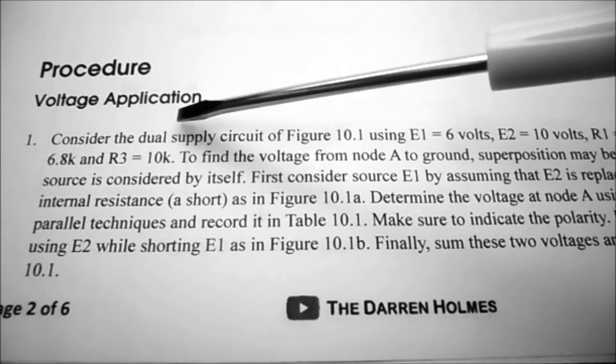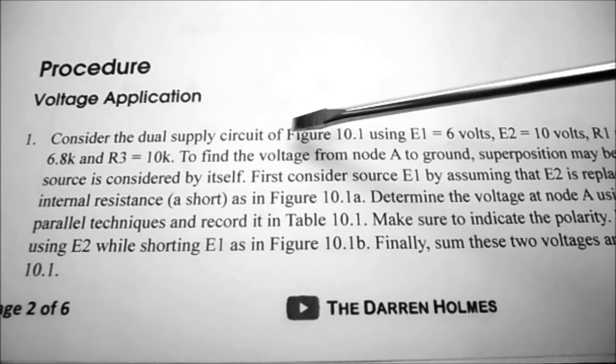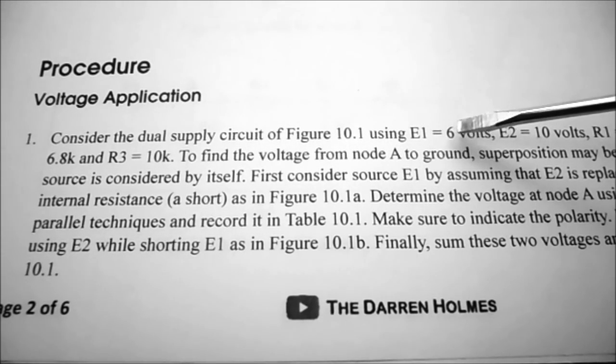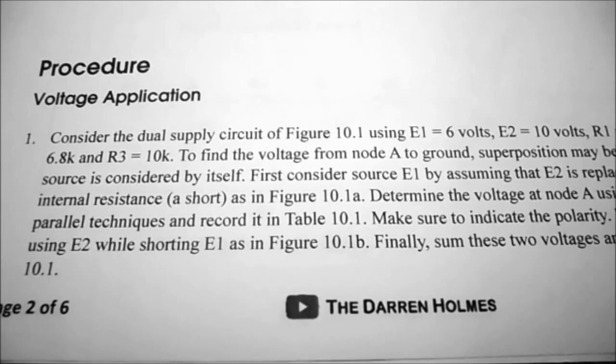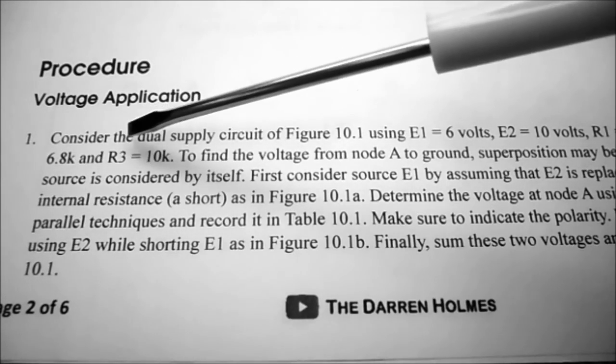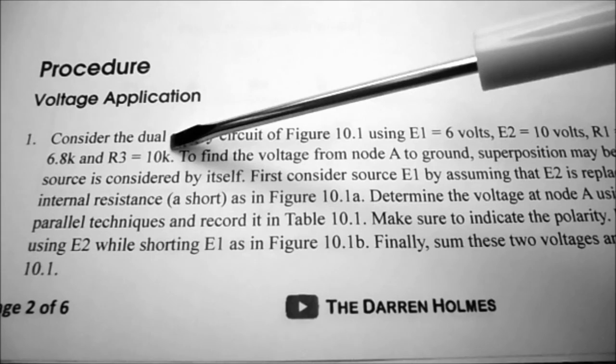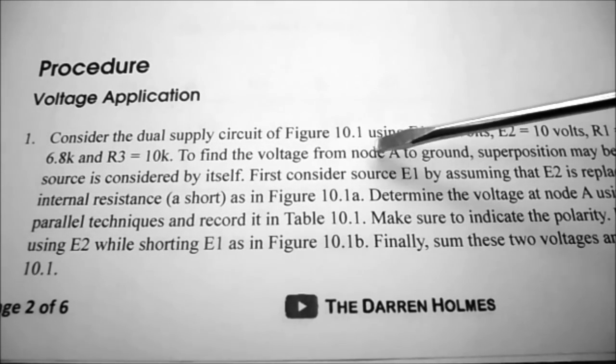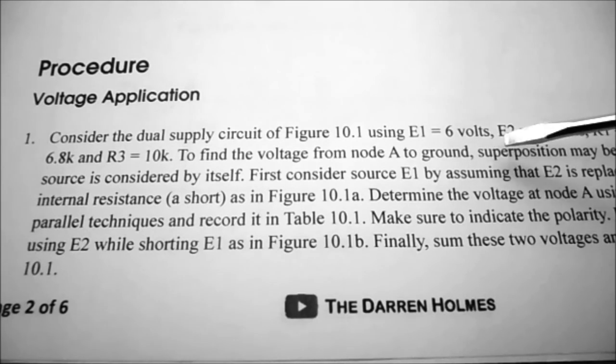We're to consider the dual supply circuit of figure 10.1. We're using E1 equal to 6 volts, E2 equal to 10 volts, R1 is 4.7 K, R2 is 6.8 K, and R3 is 10 K. It says to find the voltage from node A to ground, superposition may be used.